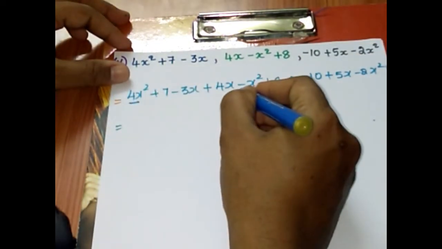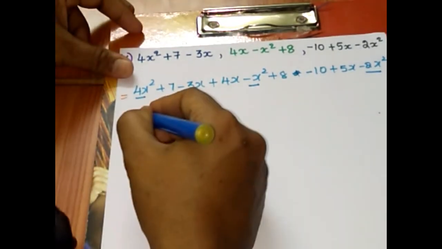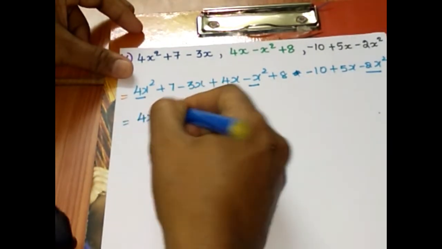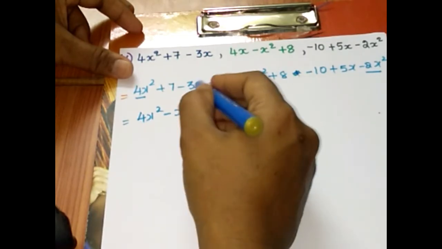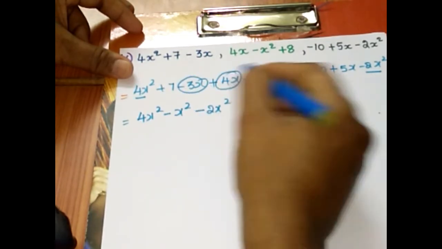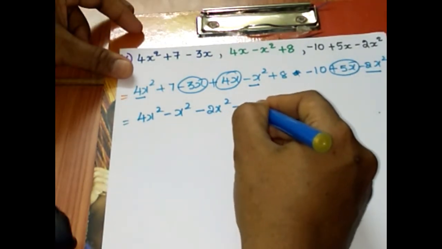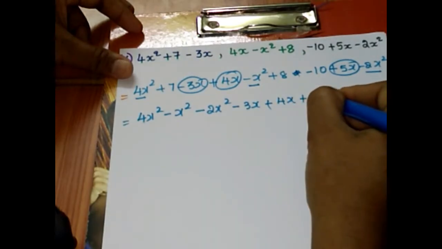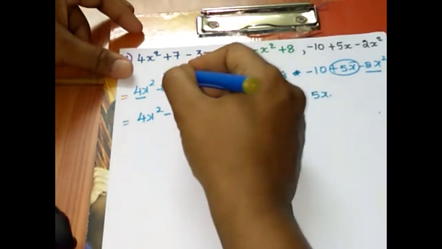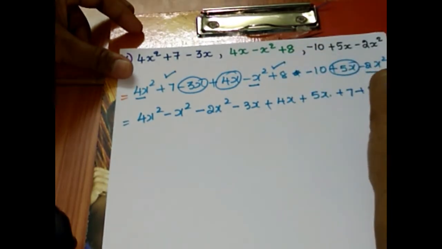In this case also, terms are not arranged according to the order, but in row method, anyhow we are grouping it, it doesn't matter much. All with x terms: minus 3x plus 4x plus 5x. Now constant terms: plus 7 plus 8 minus 10.